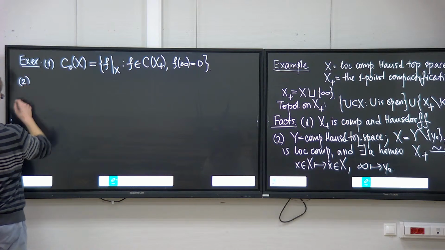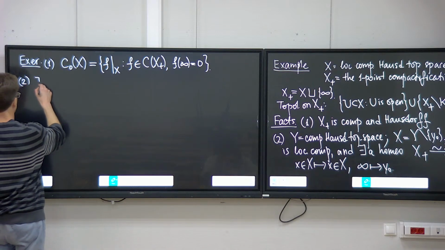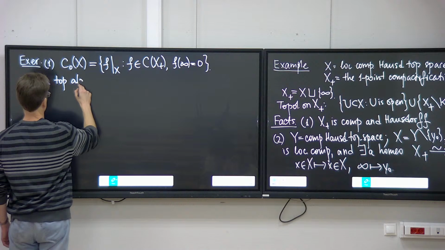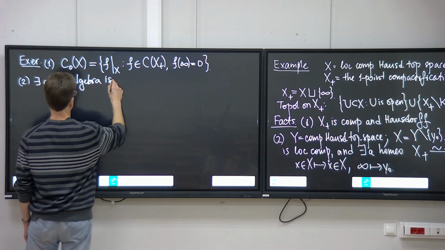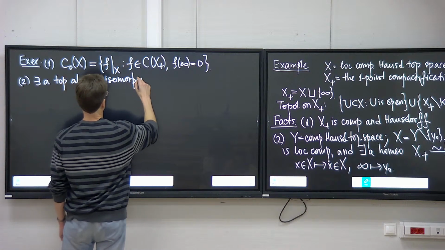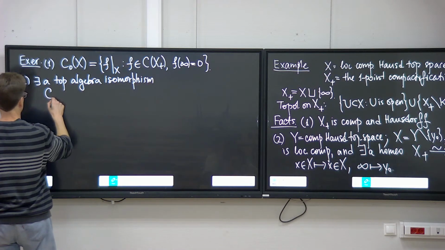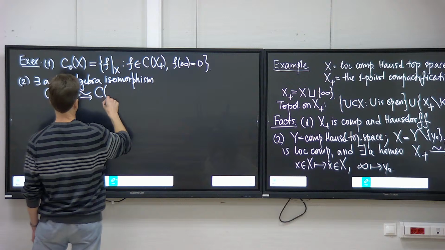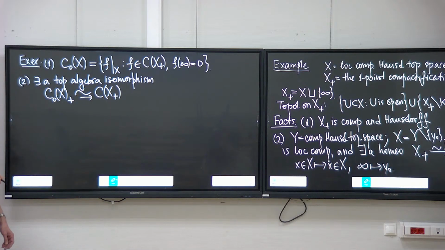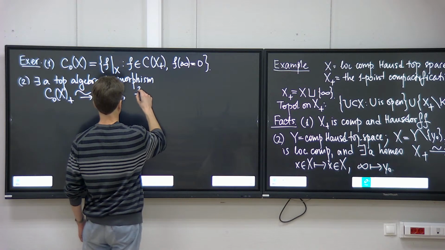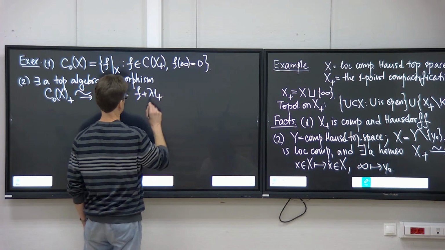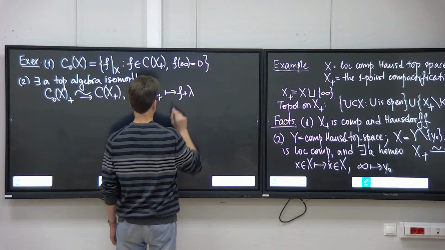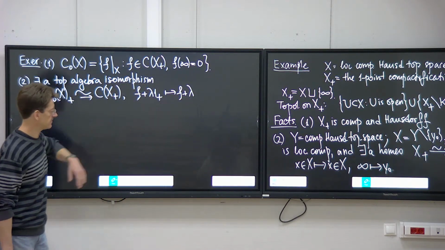And by using this formula, we can easily show that there is a topological algebra isomorphism between the unitization of C0 of X and the algebra of continuous functions on the one-point compactification, which takes every element f plus lambda 1 in the unitization to f plus lambda, where lambda is considered as a constant function on X plus.